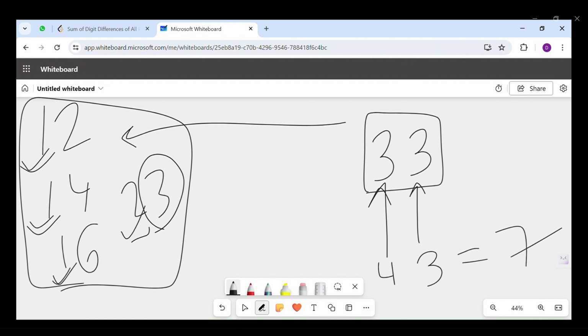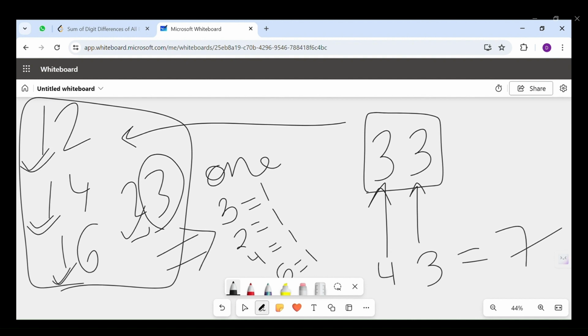So we will have different hash maps for ones place, tens place, hundreds place, so on, and we will calculate the difference for each digit. Now since this hash map will have a maximum of 10 digits, so this searching of one hash map will be O of 10, and since the maximum digits will be 10, it will be maximum of 100 operations. Now let's assume that here we are making a hash map of ones digit.